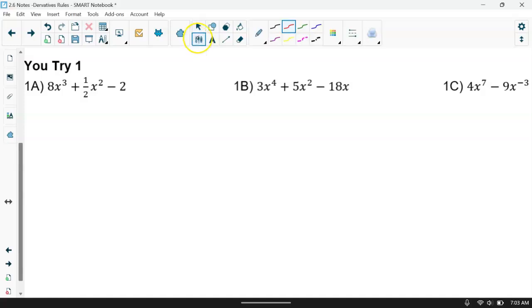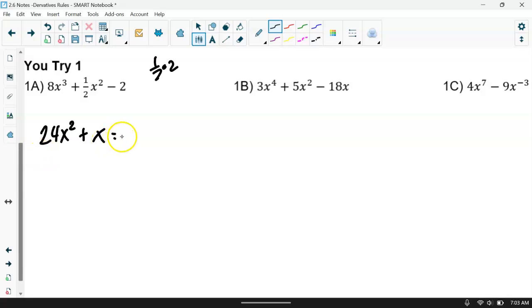And here we go. So for the first one, you should have gotten the derivative of the first term is 24x squared from 3 times 8 and subtract 1, plus just x, because 1/2 times 2, when you bring down your exponent, is just 1. And then you're down to an exponent of 1.